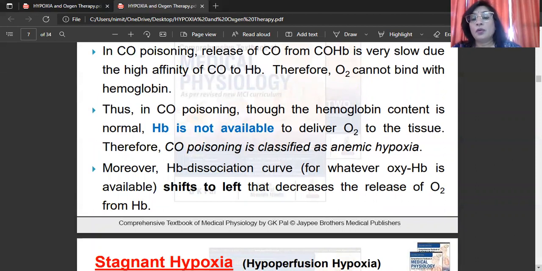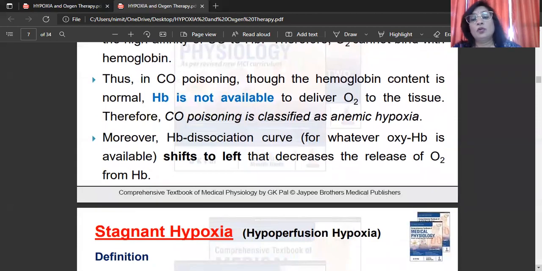Therefore, in carbon monoxide poisoning, the hemoglobin content is normal. We have seen this. But the hemoglobin dissociation curve shifts to the left. Very important. It is an important viva question. Of course, in theory, you should have this concept. The curve shifts to the left, which decreases the release of oxygen from hemoglobin.